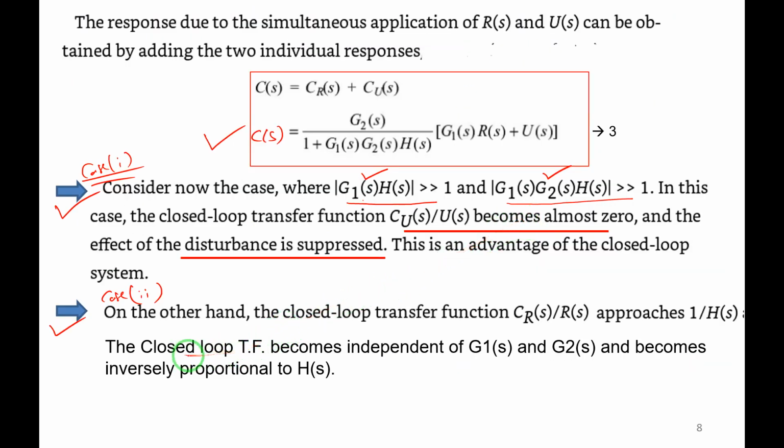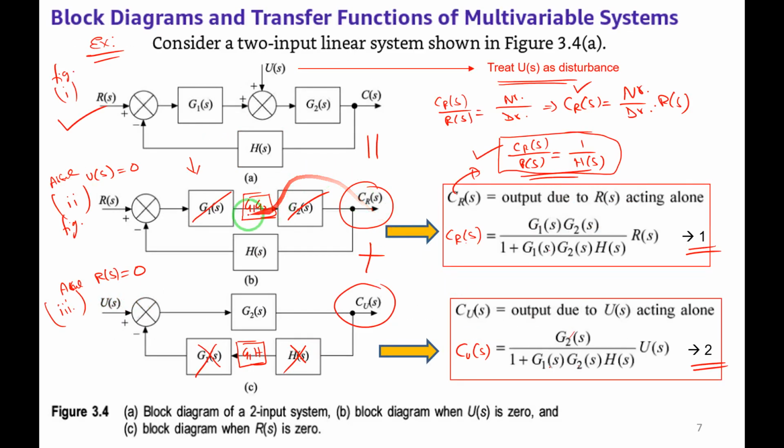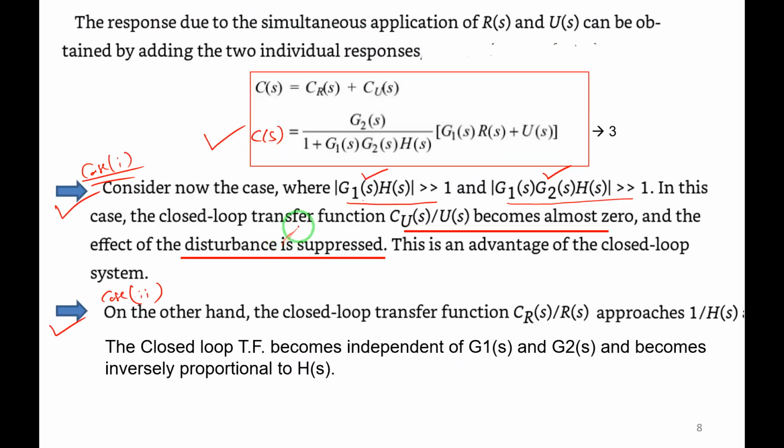So the closed loop transfer function becomes independent of the forward path transfer functions G1 and G2, and is inversely proportional to the feedback element H of S. This is one of the observations we are making through this. This is the second observation.